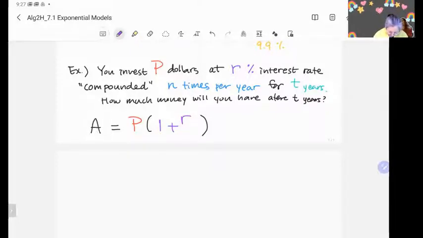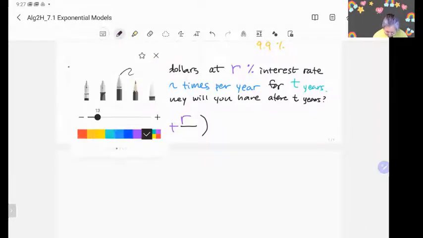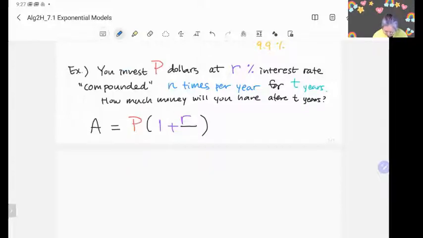Then over n, the number of times it calculates, it gives the interest over the year, per year.